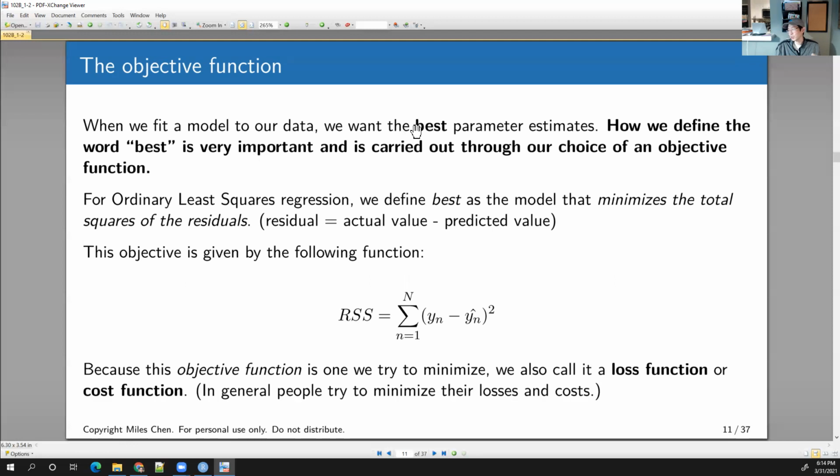When we talk about the best parameter estimates, how do we define what the word best is? How we define what best is very important, and that's going to be carried out through our choice of the objective function.